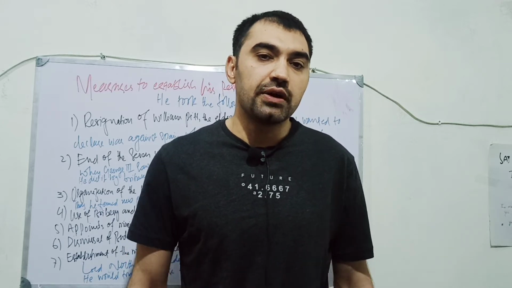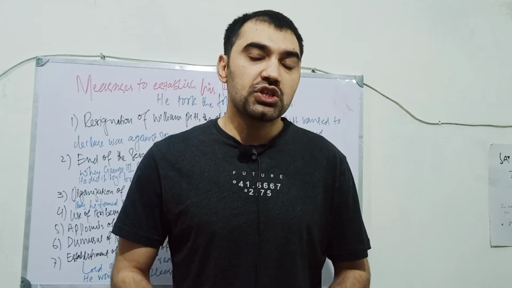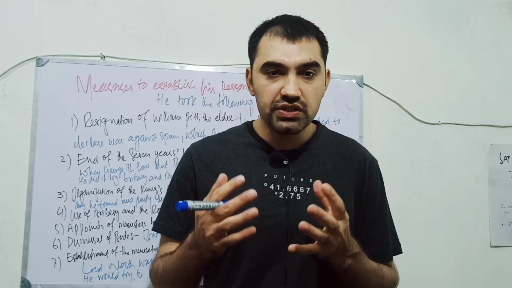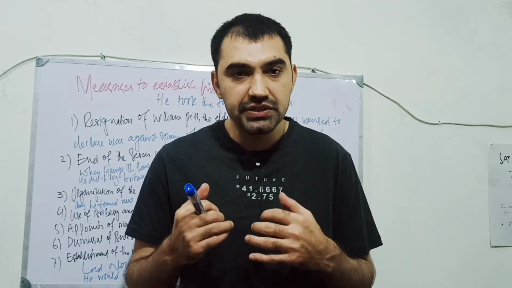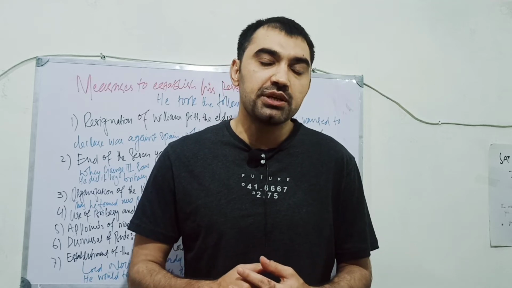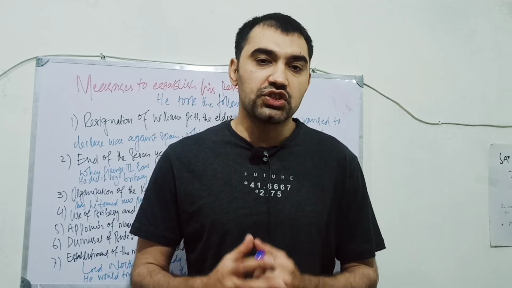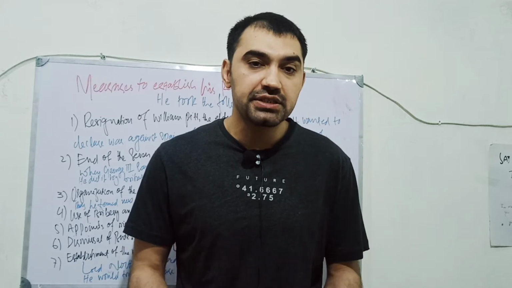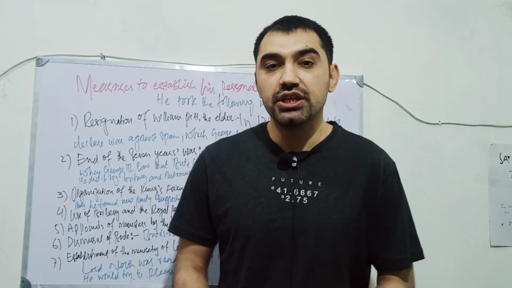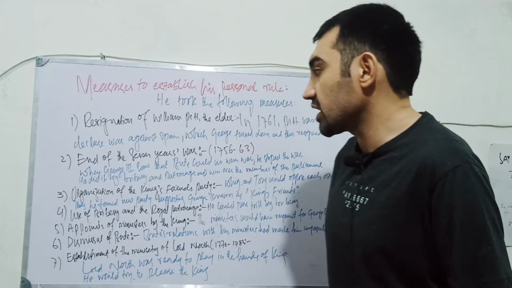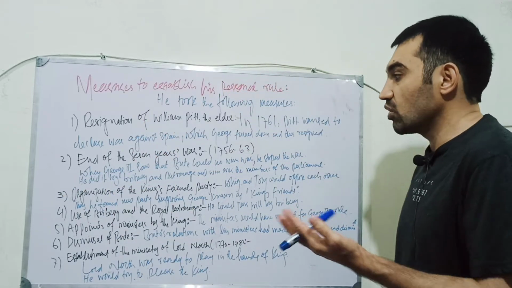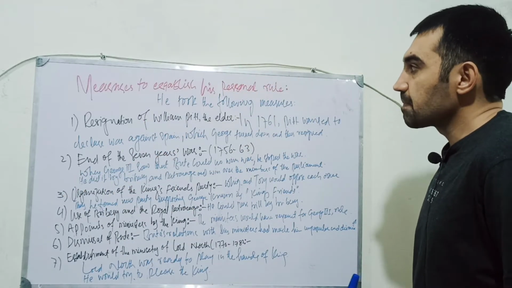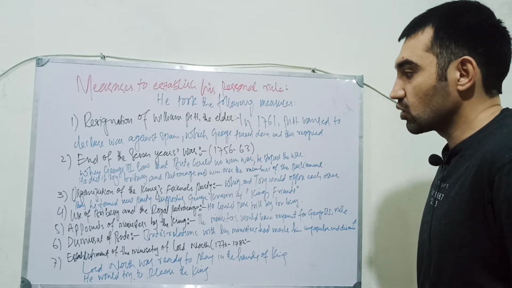Therefore, it was really important to stop this war. To avoid such humiliation, the war was stopped, which helped in gaining a kind of respect for George III. So this end of the 7 Years' War was really helpful to establish his personal rule.